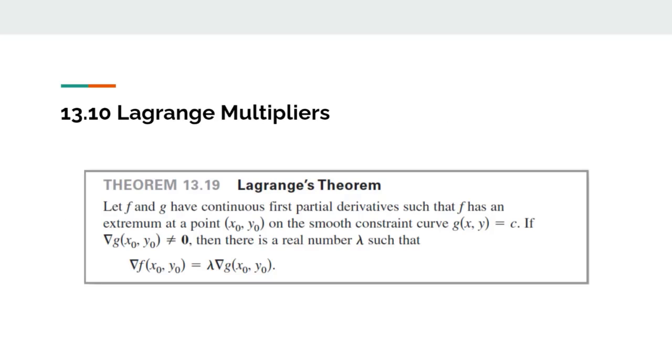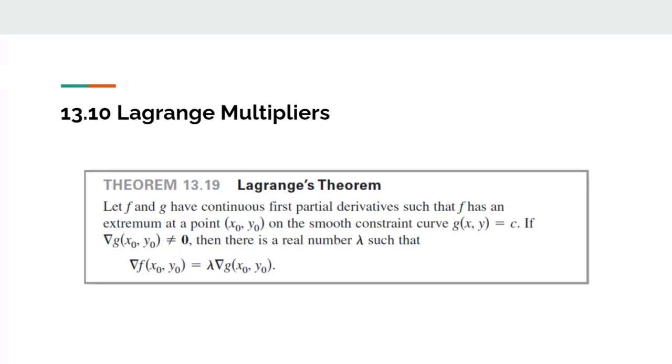And to test the boundary of the region, we have Lagrange multipliers. Lagrange multipliers just find extrema on a constraint, subject to g of x, y equals c. And what is g of x, y equals c? Well, it is a curve in R2.